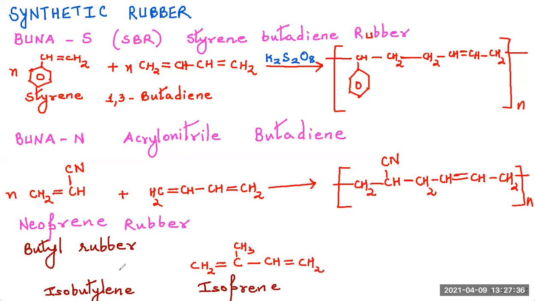Now see, beta, isobutylene is this. I'm just writing rough first. But if you write like this, now you'll be confused while making the polymer. You know why? Because here you will say one pi bond breaks to form 2 sigma.